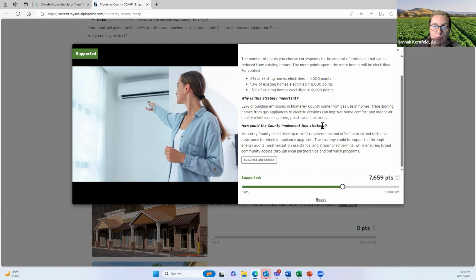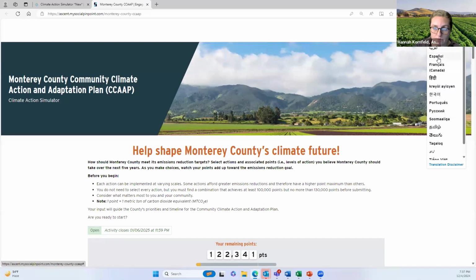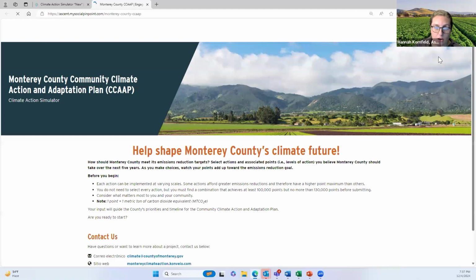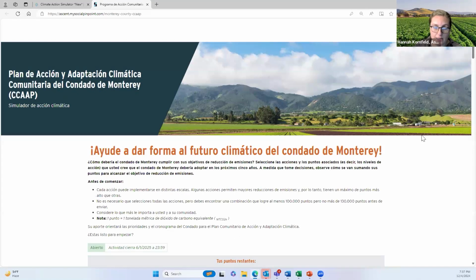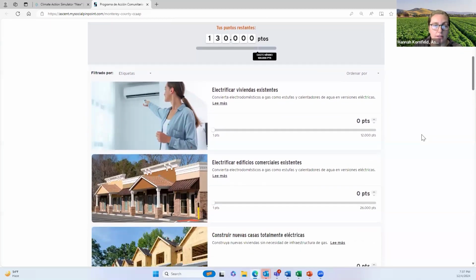We're hoping we can spend some time with you all testing this tool out and letting us know if you have any questions or concerns. For Spanish speakers, Luis, there is an option to transition this to Spanish, and it should populate all of the text here in Spanish or whatever language you need.